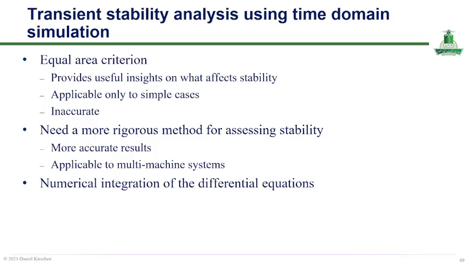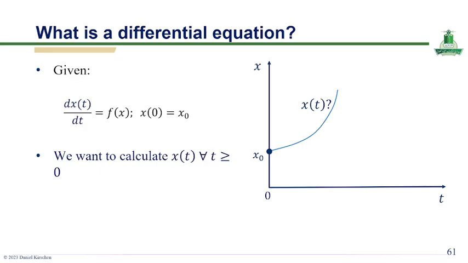Therefore, a more rigorous approach is required. Time domain simulation offers higher accuracy by numerically integrating the system differential equations and can effectively analyze multi-machine power systems under transient disturbances such as faults, switching events, and sudden load changes.